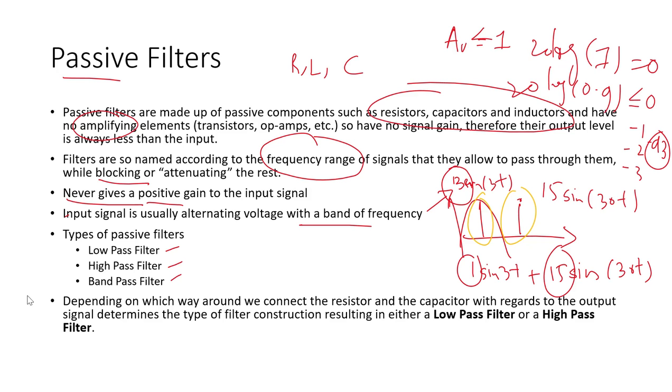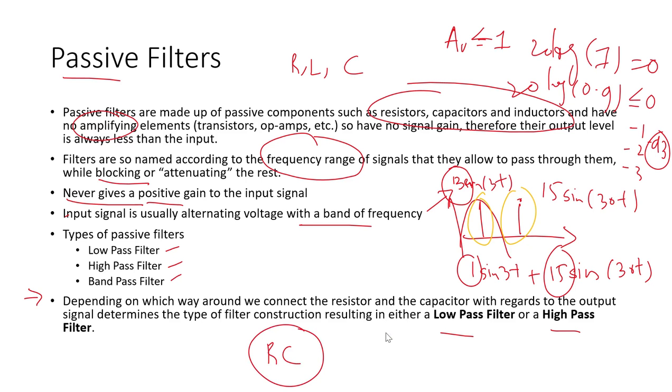Depending upon which way around we connect the resistor and capacitor, we can get a low pass or high pass filter. So no matter what components we have, if we connect them in the right manner, we will get the desired filter. But if we connect them in a manner that is not wanted, then we will get a wrong filter. So R and C are the components that we will use in our filters from now onwards.